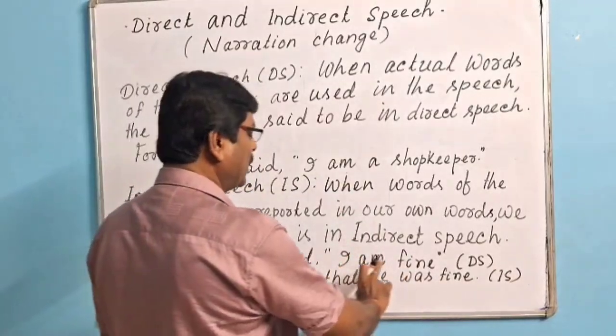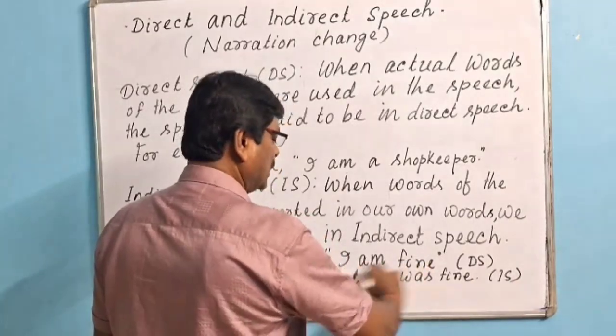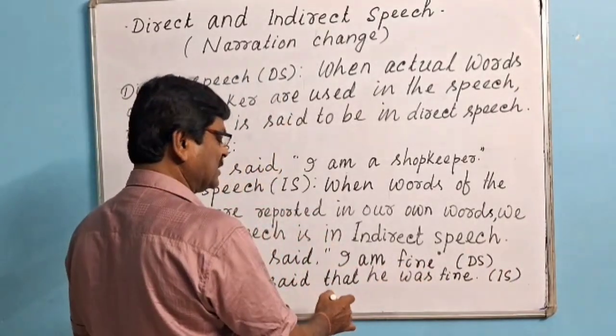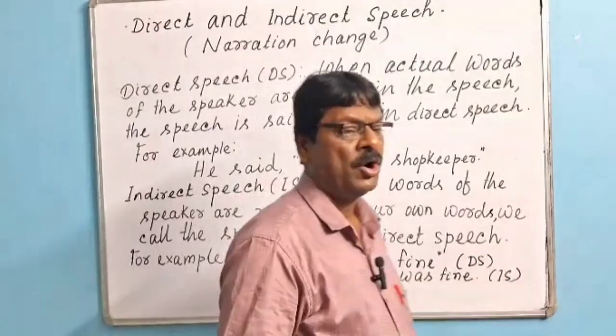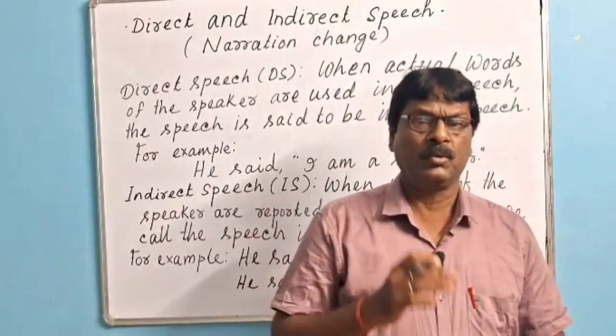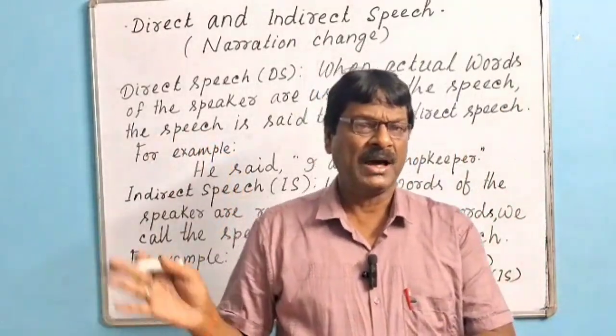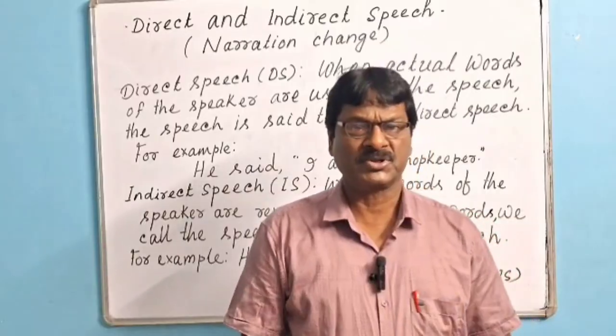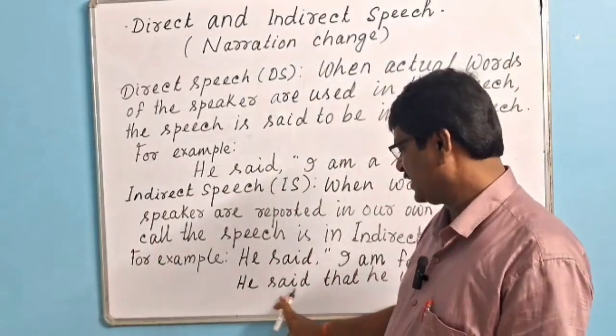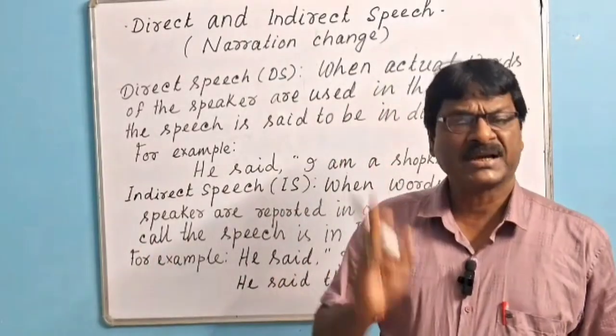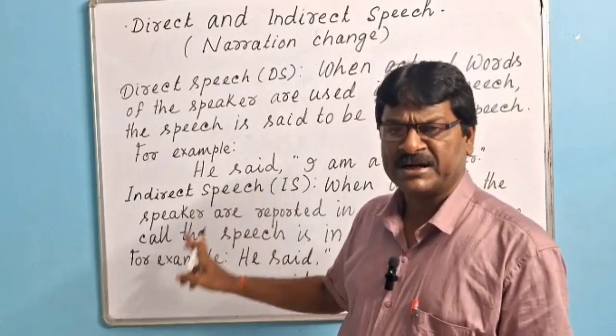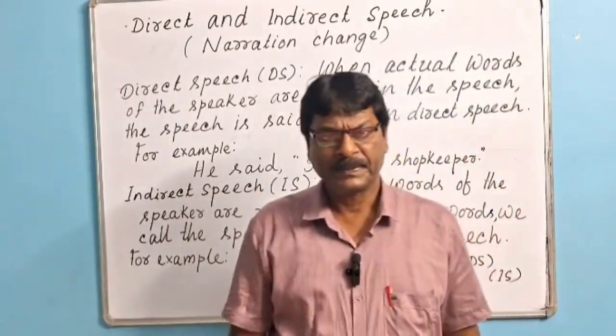Here the exact words of the speaker are given, and in the second sentence the synopsis or the words of the speaker are expressed in our language. That's why the second sentence is in indirect speech.